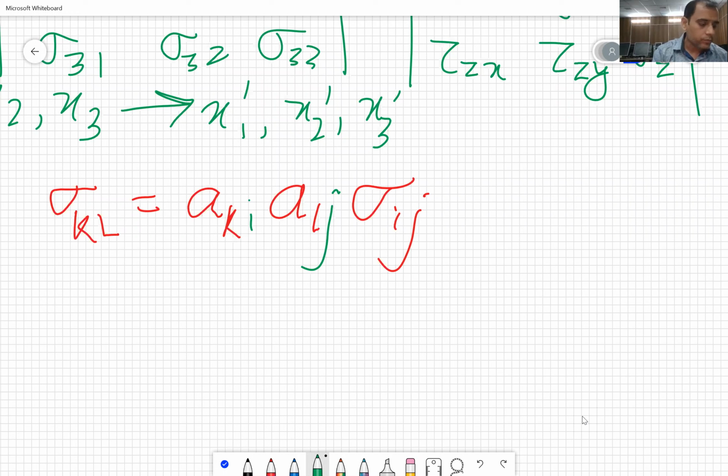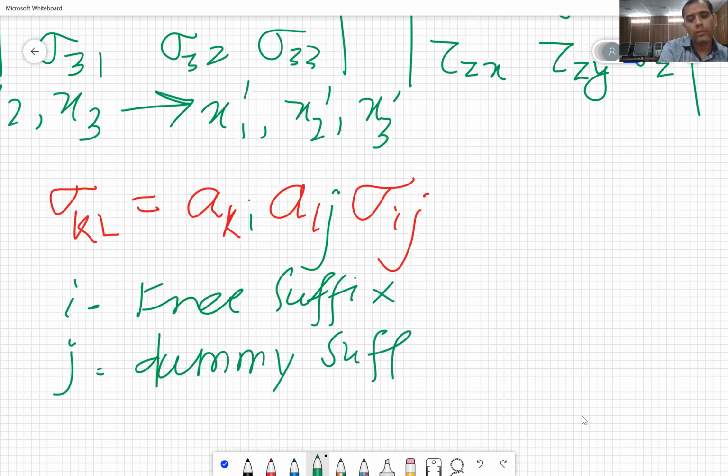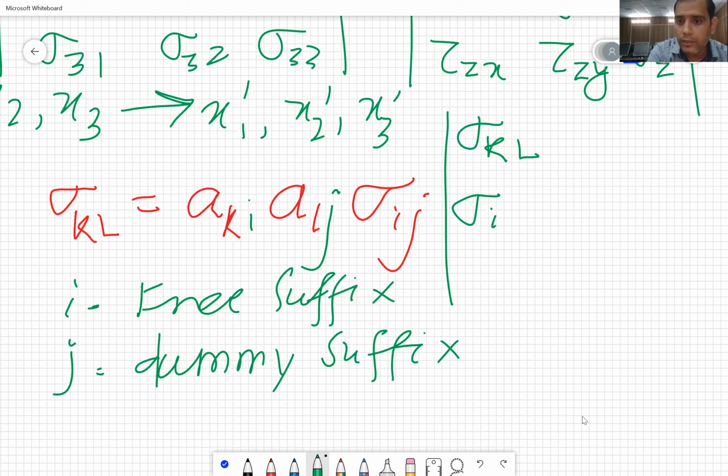Okay. So as we know, here I is the free suffix, and j is the dummy suffix. So please don't be confused here about what is sigma KL. The important thing is what is sigma KL and what is sigma IJ.